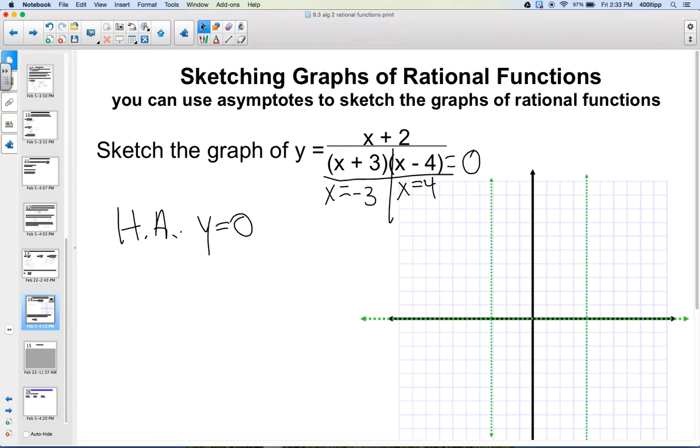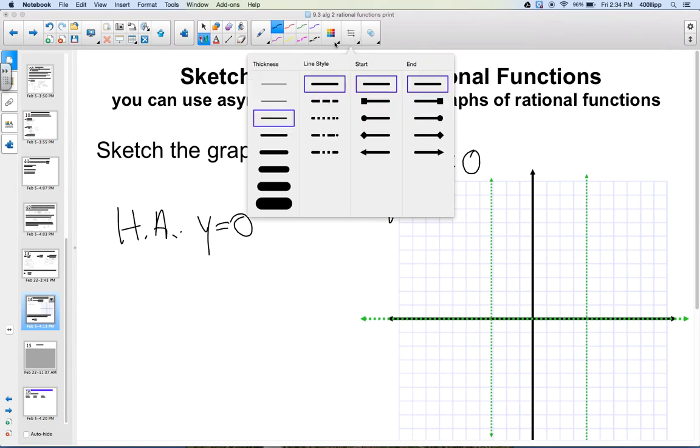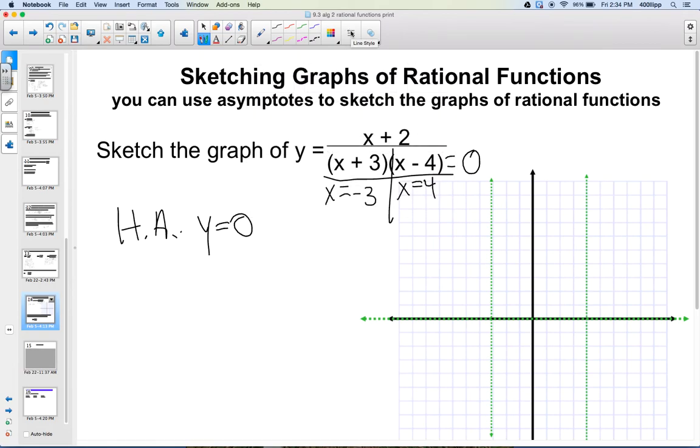And then what we're going to do is break it up into branches. So we have different branches. Branch 1 is going to be in this quadrant here. This will be branch 1, and branch 1 will be to the left of -3, because this is x equals -3 and this is x equals 4.